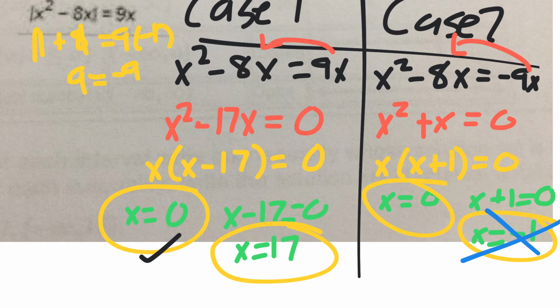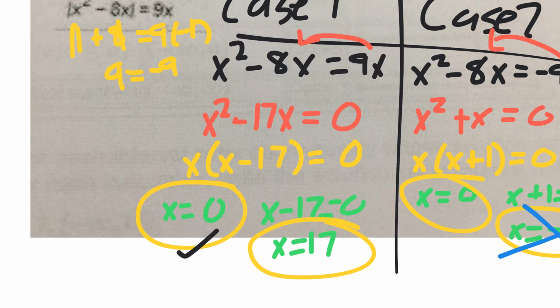Then plug in 17. 17 squared is 289. 289 minus 8 times 17. That's 170 minus 34, 136, equals 9 times 17, 170 minus 17 is 153.